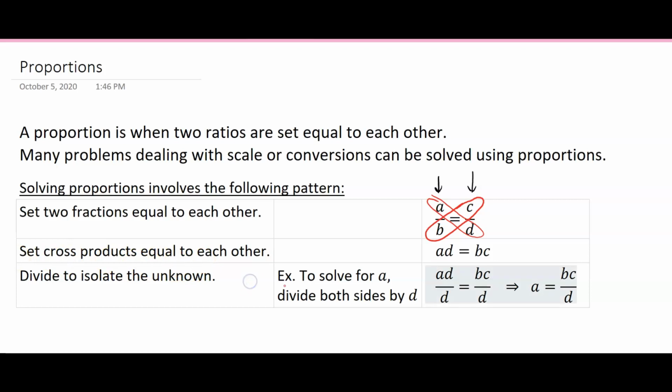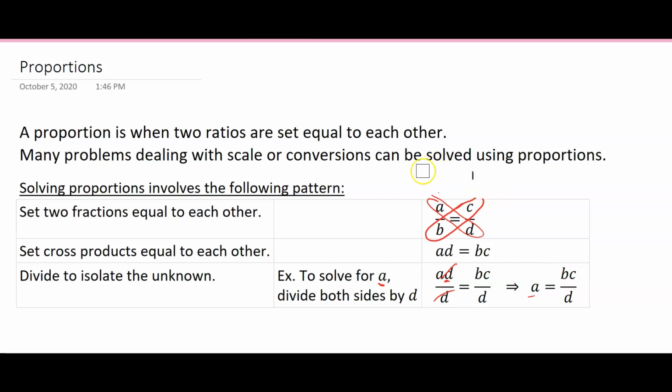All right. Once they are set equal to each other, then you just isolate the unknown value by dividing by its coefficient. So to solve for a, for example, if it was the unknown, a is being multiplied by d. So in order to isolate a, we must divide by d on both sides. So d will cancel, leaving only a. So a is equal to bc over d.